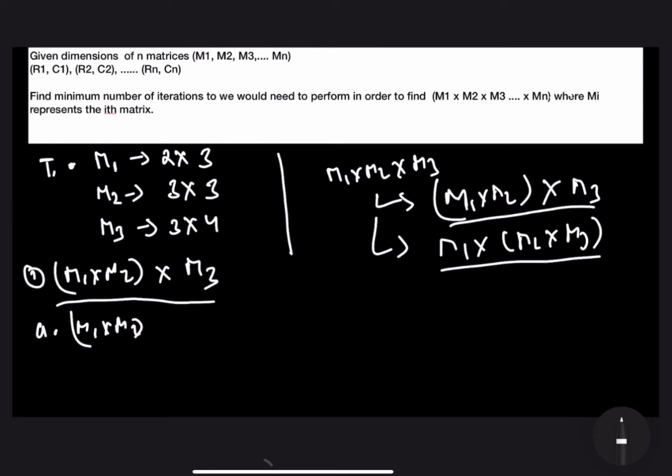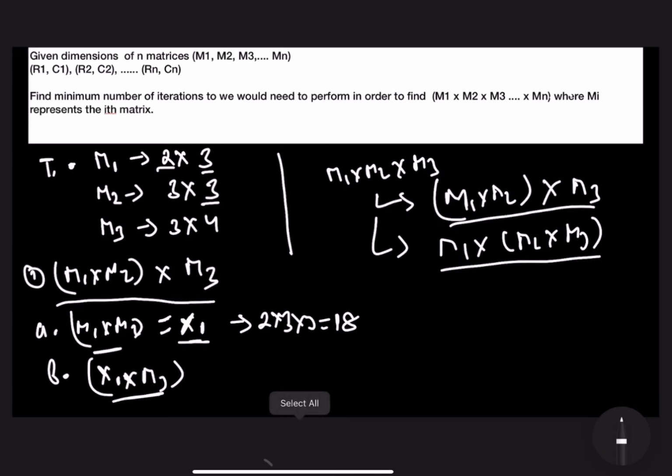Let's say this m1 cross m2 evaluates to x1, and the number of iterations to find the value of this x1 from the property will be equal to 2 into 3 into 3, that is equal to 18. Now after we perform this evaluation, in the second step we will be performing the evaluation x1 cross m3.